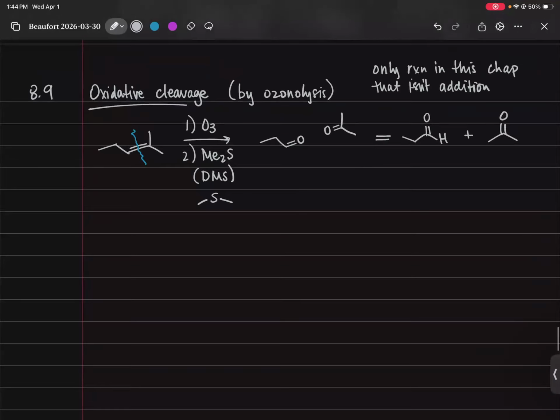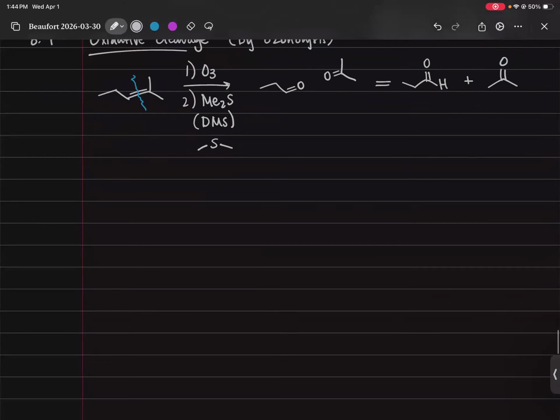Another way to complicate these reactions is to use a ring. But don't let that scare you. It does the same thing.